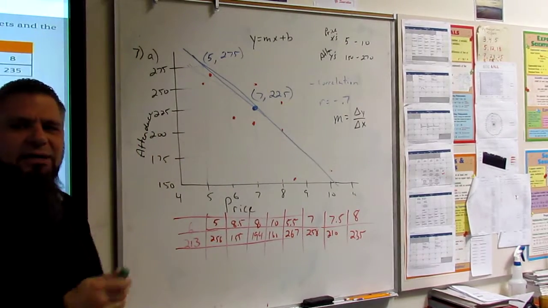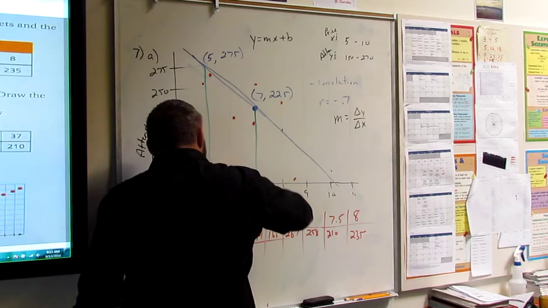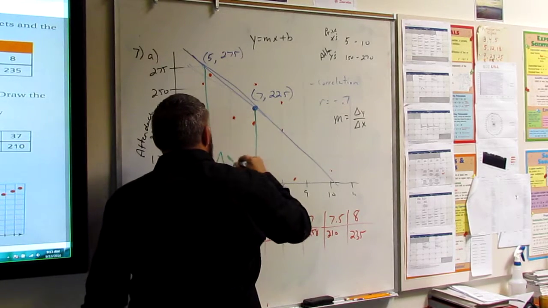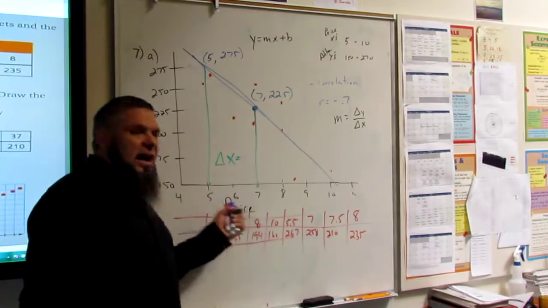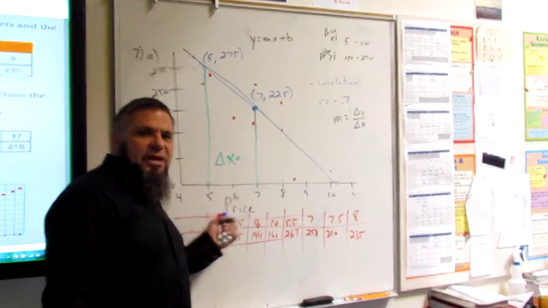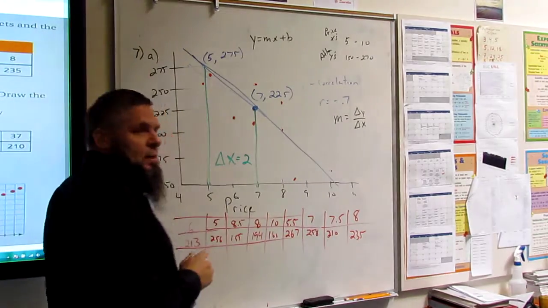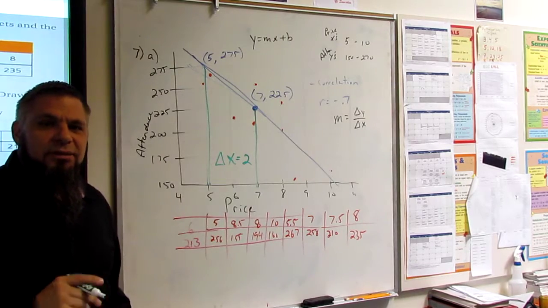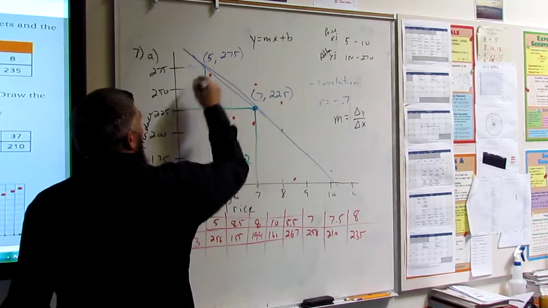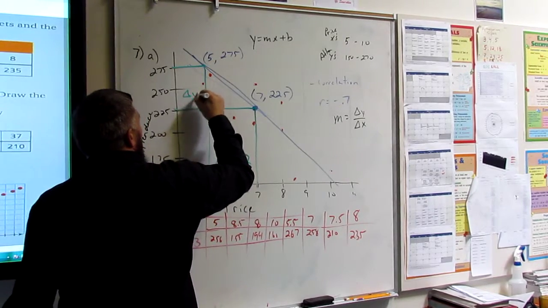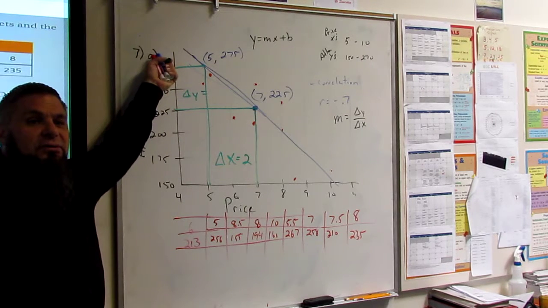What it also does is, if I look here and I look here, this gives me my delta x. What's the change from 5 to 7? 2. Nathan, what's the change from 225 to 275?